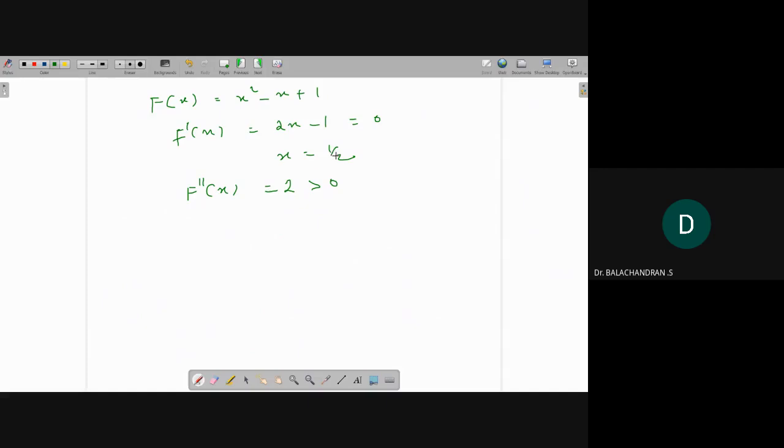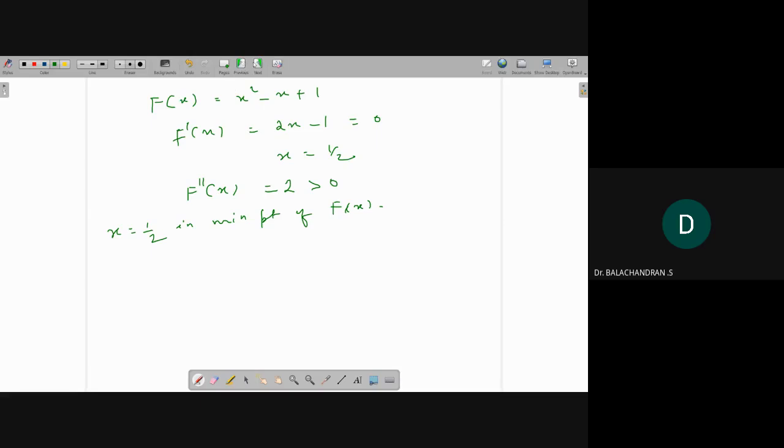And hence x equal to 1 by 2 is the minimum point of F of x. But we need to find the corresponding y value.